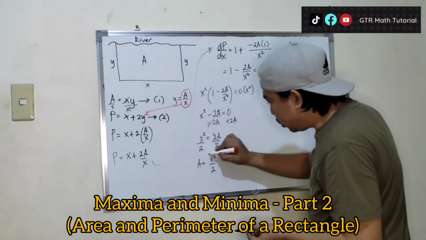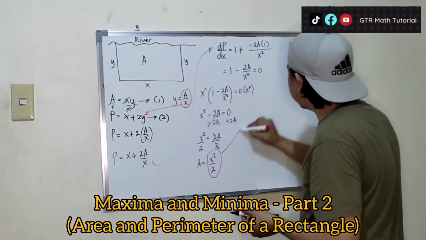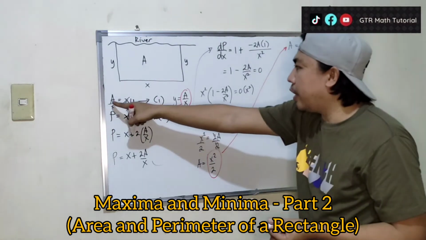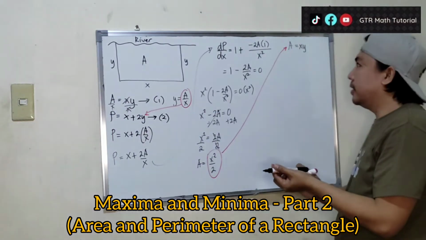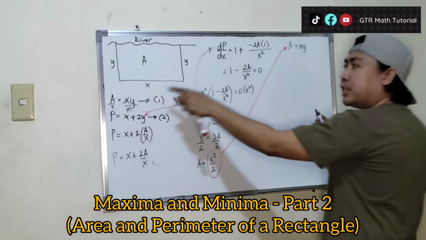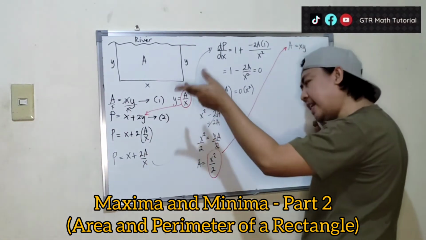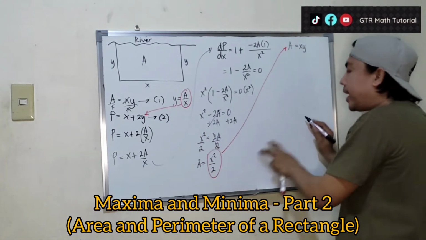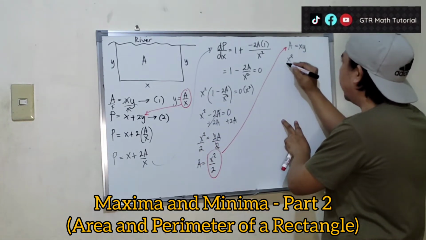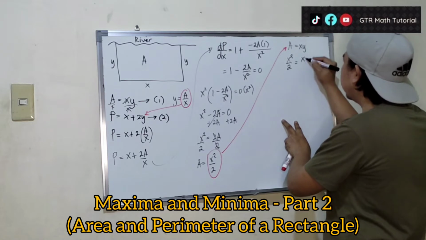Then x squared over 2, substitute in the first equation, a equals xy. Okay, we can substitute here, or here. Wherever we substitute, we get the same result. So area is equal to x squared over 2 equals xy.